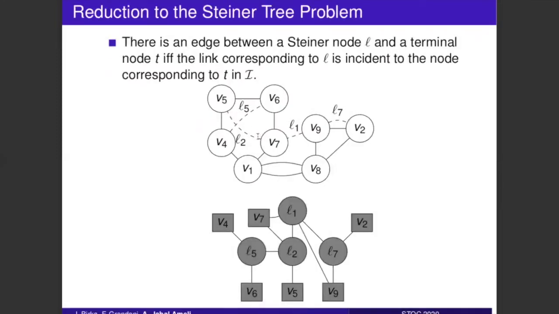Now, consider any link if it's incident to the terminal T. We introduce an edge between the Steiner node corresponding to that link and the terminal corresponding to that node of degree 2. So for example, here you can see that L2 is incident to V5. So now we can see here that L2 is adjacent to V5 here.